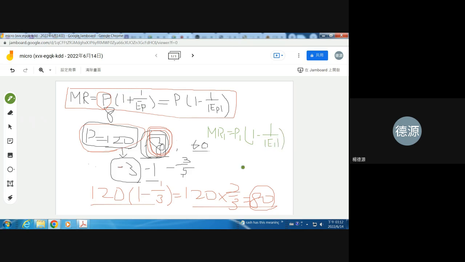And then that should be equal to the price of the second market times 1 minus 1 over the elasticity of the second market, absolute value. This is what I say. And this is what you're going to have in the final.